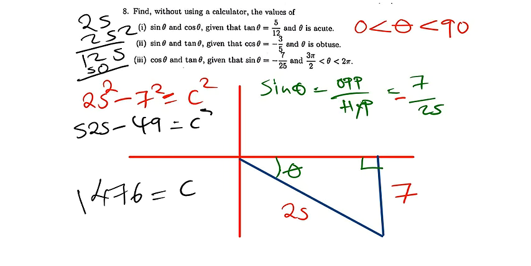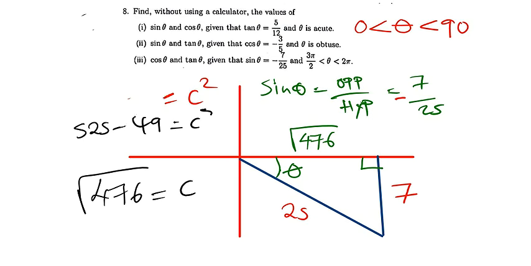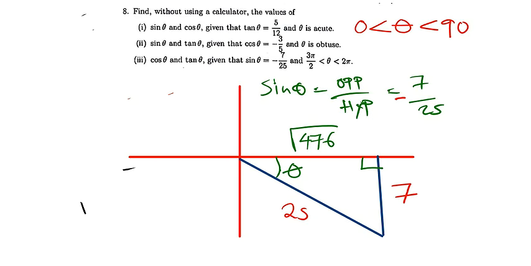So a square root of that. Now the question is, is that a perfect square? No, it's not. So since in this case, say we are told calculator is not allowed, we can just leave it as it is. The root of 476. Okay? And you can find the missing ones.